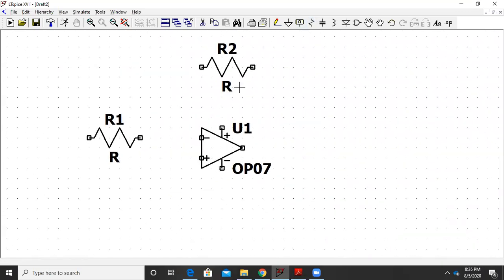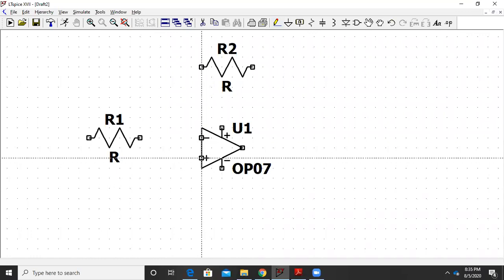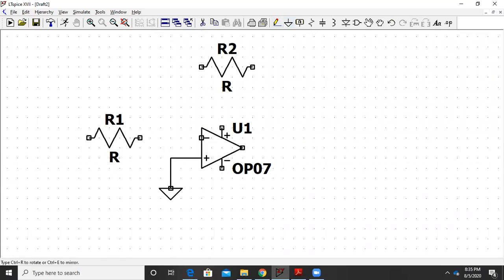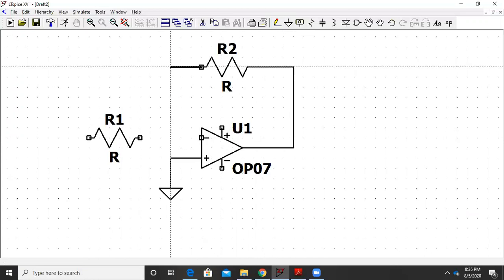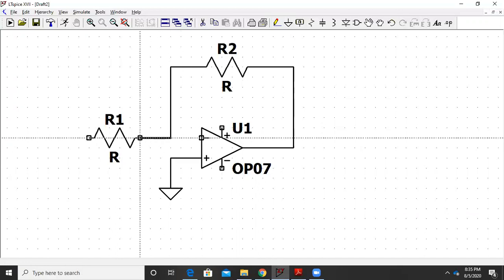Okay, and the non-inverting terminal will go to ground. And let me connect the connections now. So R2 will be connected at the output like this. I have my input applied to the inverting terminal of the op-amp this time.